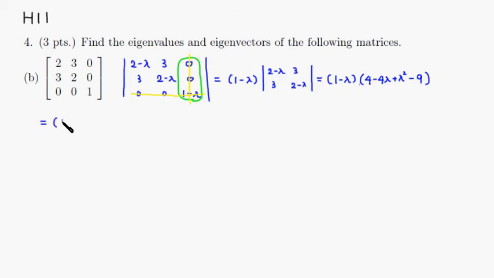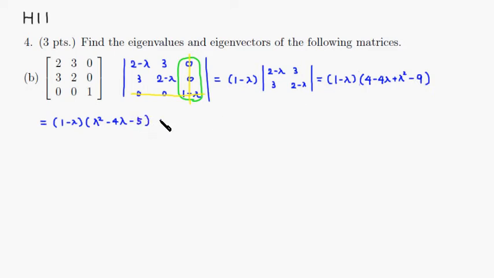So you have 1 minus lambda times lambda squared minus 4 lambda, then 4 minus 9, which is negative 5.